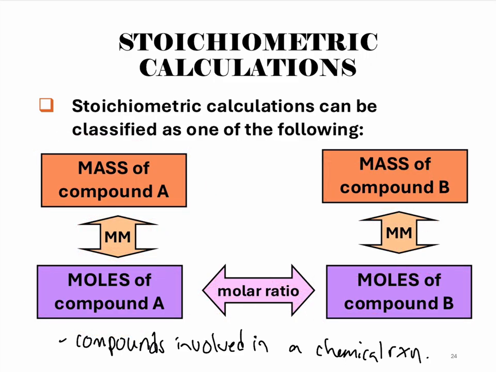And the difference between both of these molar masses is, on the left-hand side here, which molar mass are we using for this conversion? For our arbitrary compounds A and B here. We're using the molar mass of A in this case, right?